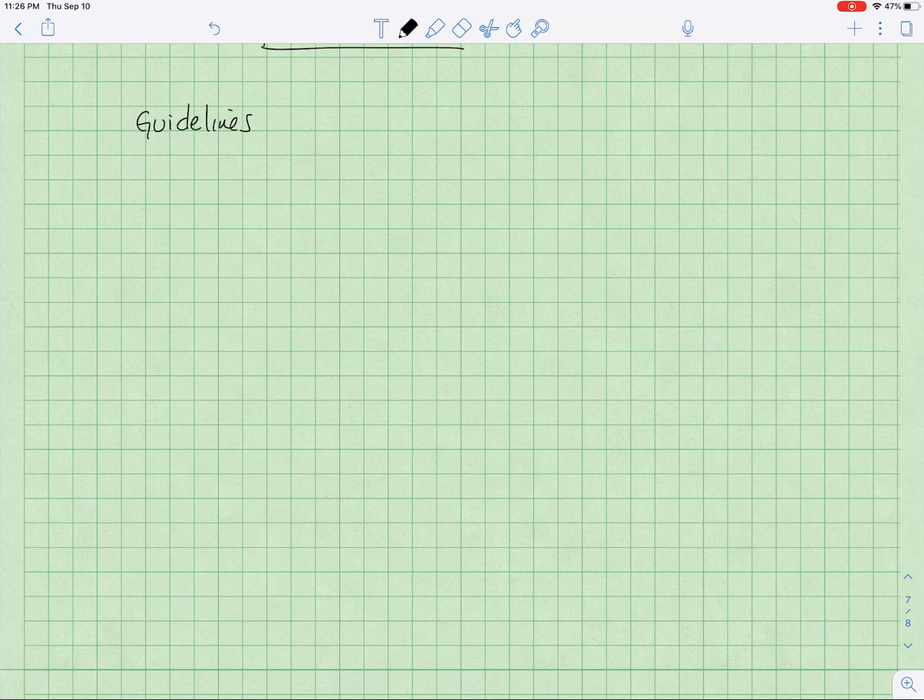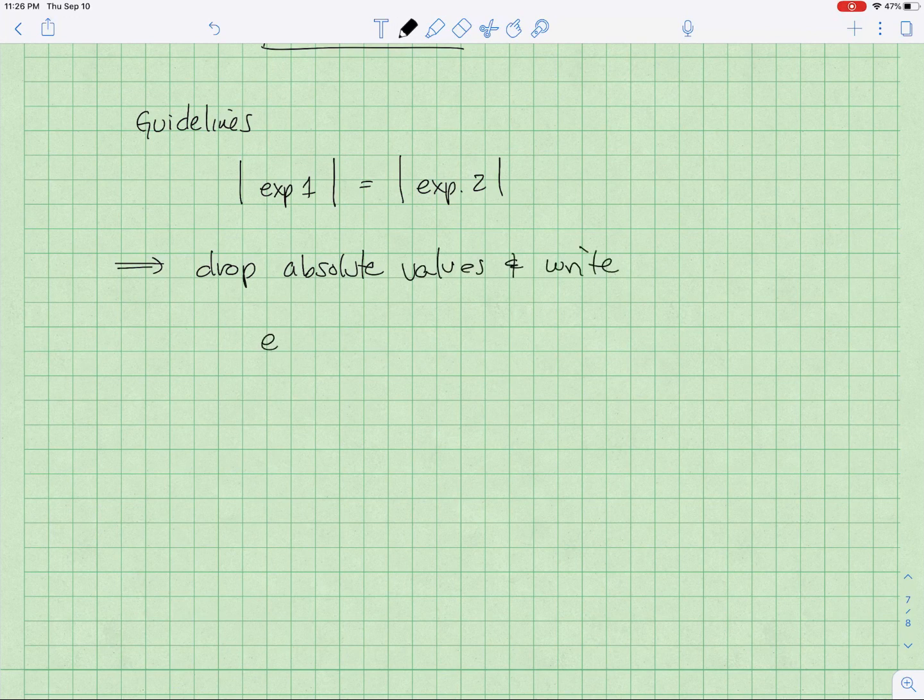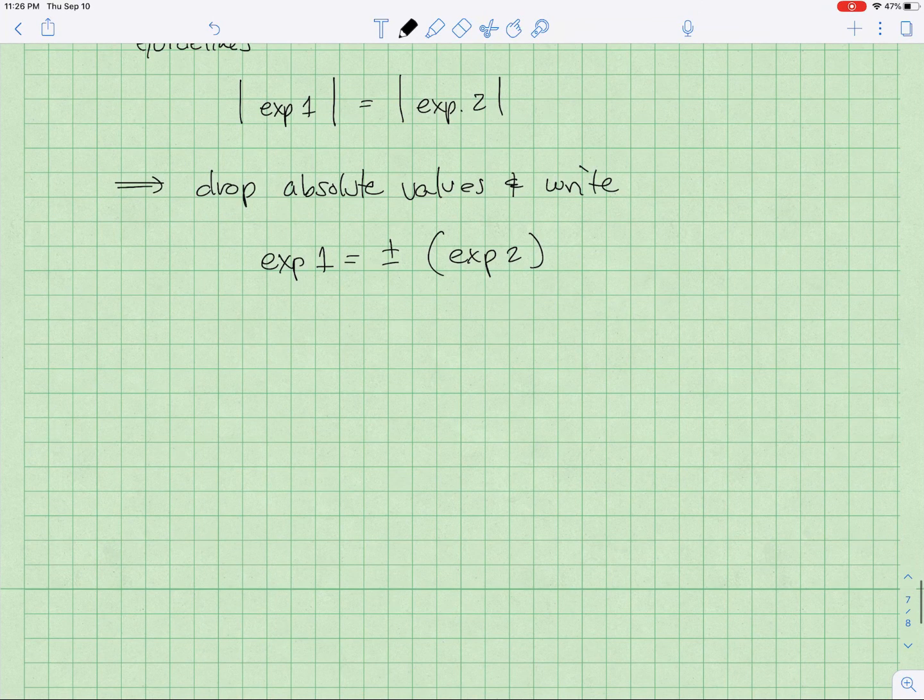Guidelines. If you have the absolute value of expression number 1 is equal to the absolute value of expression number 2, then you drop absolute values and write whatever expression number 1 is equal to plus or minus expression number 2, and that will generate two equations.